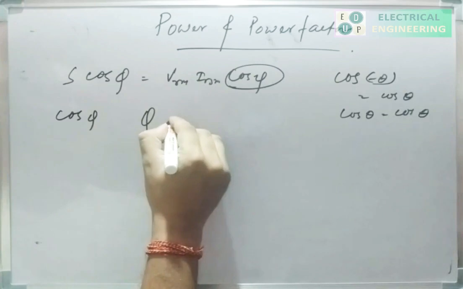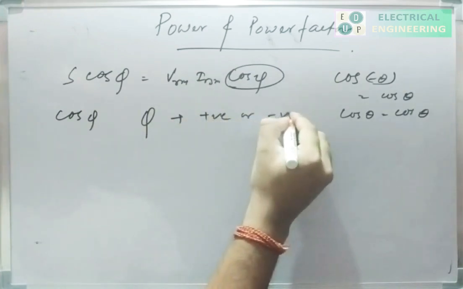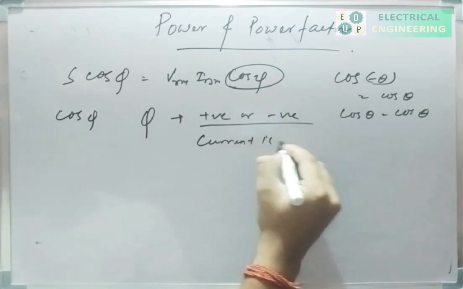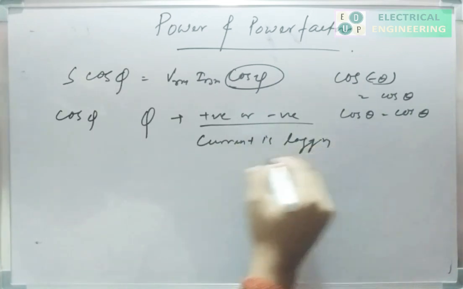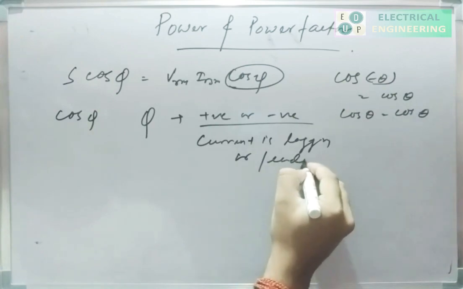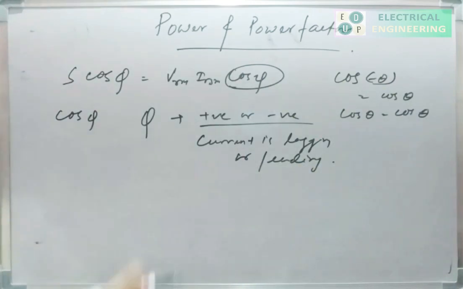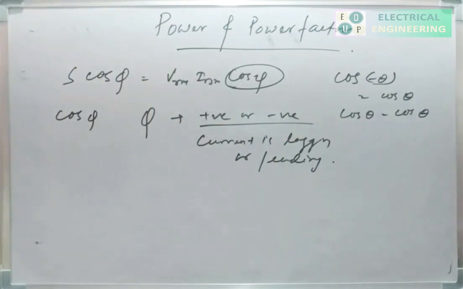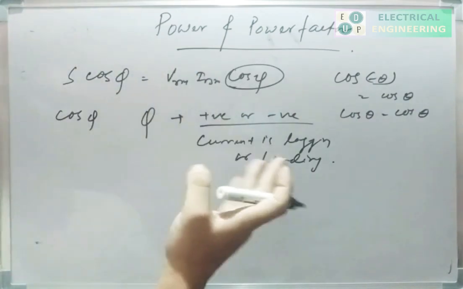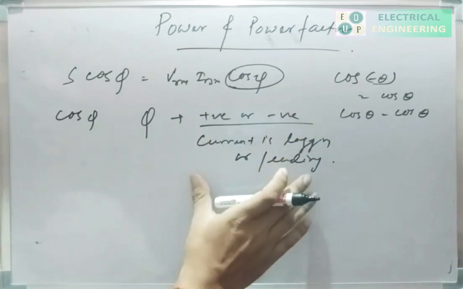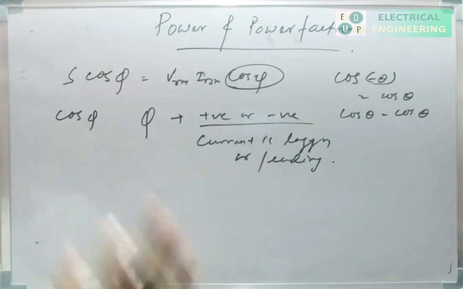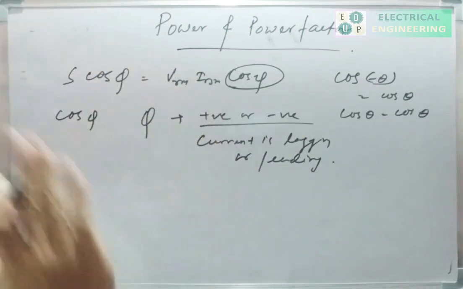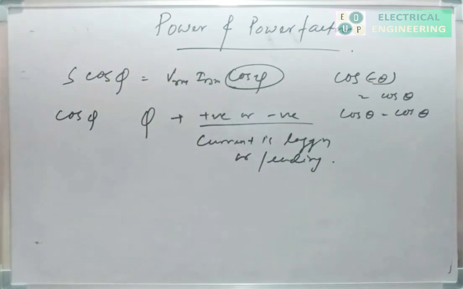So what does it mean actually? Phi can be positive or negative depending upon whether current is lagging or leading. If current is lagging, phi will be positive. If current is leading, phi will be negative. Whatever the case, if current is lagging, the active power is positive. If current is leading, cos phi is still positive and the active power will be positive.